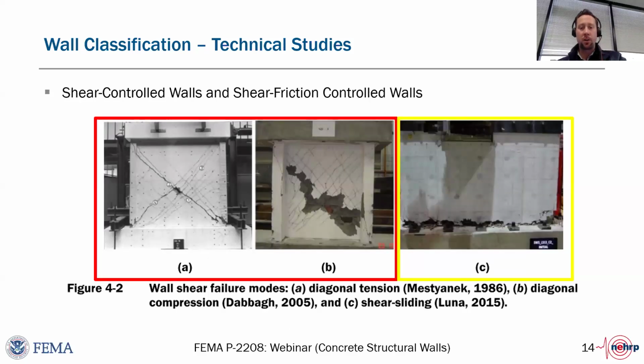Similarly, for shear controlled walls, there are actually different modes of shear failure. There can be diagonal tension, there could be diagonal compression where you really get a crushing of the concrete strut. And then the one that you may have always been aware of, but less people were explicitly considering, as I understand, is actual sliding at the base.